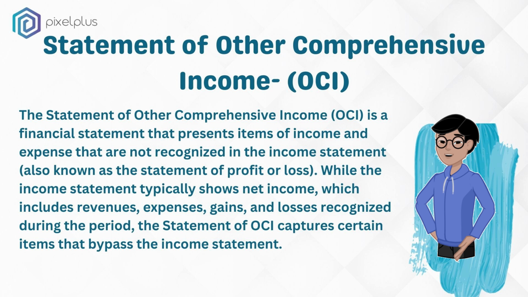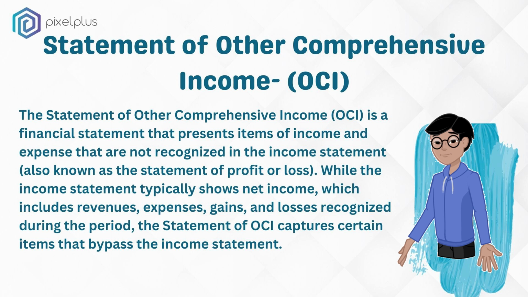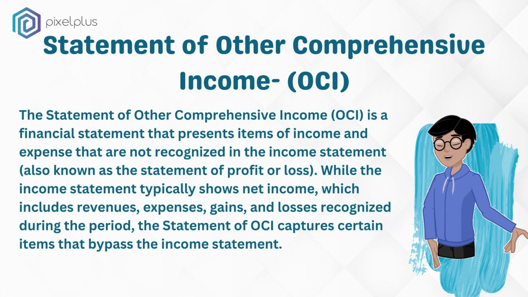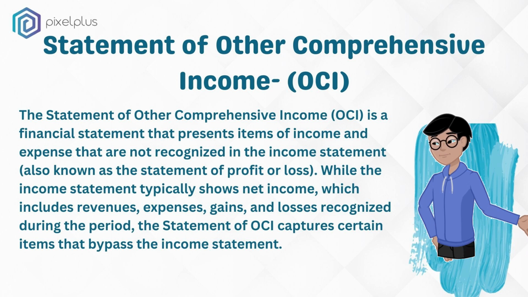The effective portion of the unrealized gain or loss on the hedging instrument is recorded in the OCI until the hedged transaction affects earnings. This approach ensures that the impact of hedging activities on the company's financial performance is recognized in the same period as the underlying transaction, providing a more accurate representation of risk management strategies.